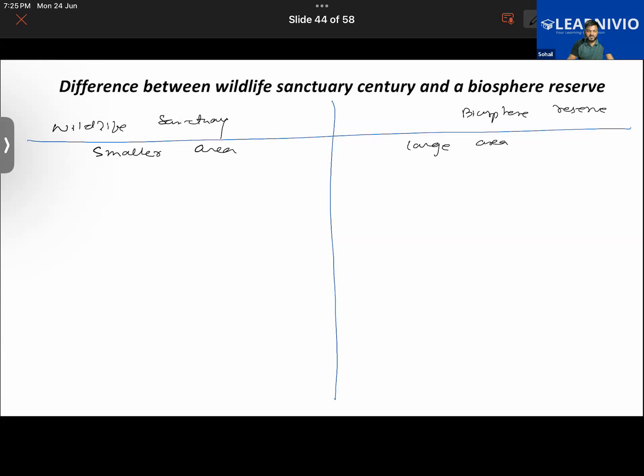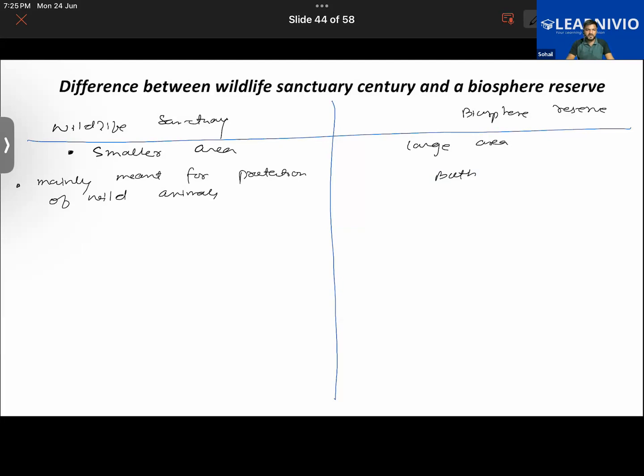And what about the biosphere reserve? A biosphere reserve is meant to protect both plants and animals. Very good. And it talks about not just plants and animals but also the local peoples.